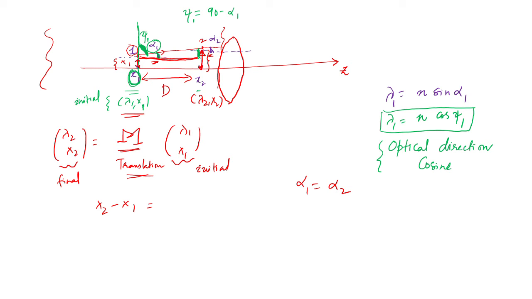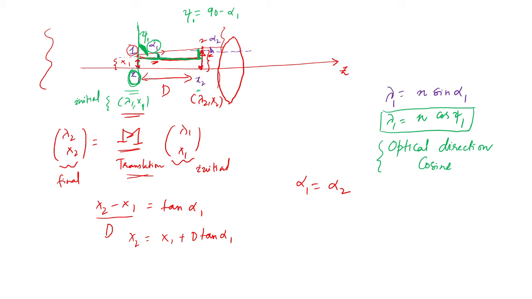If I put opposite side by adjacent side, that gives me a tan. So I would have x2 minus x1, that is the opposite side, divided by d is equal to tan of alpha 1. Then I can write x2 as x1 plus d times tan alpha 1.